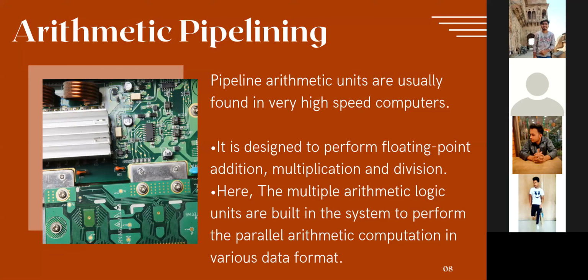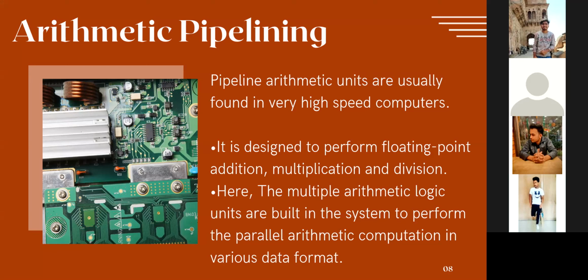For example, the input to the floating point adder pipeline is X = a × 2^A, Y = b × 2^B. Here a and b are mantissas, while A and B are exponents.